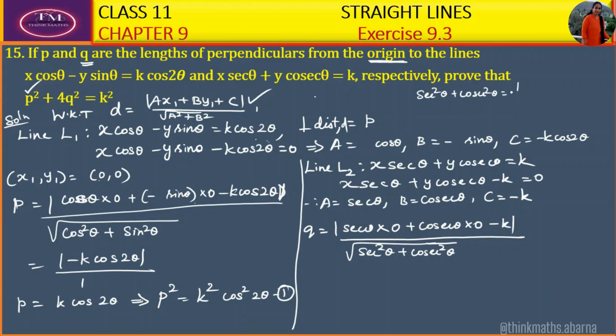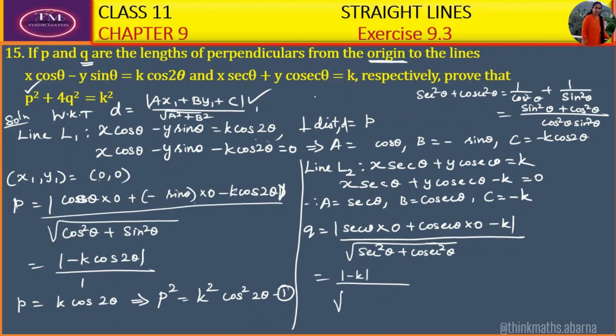So it is 1 by cos square theta plus 1 by sine square theta. So taking cos square theta and sine square theta as LCM, we will get sine square theta plus cos square theta. So what is sine square theta plus cos square theta? It is 1. So this term will become 0 and it will be minus k here.